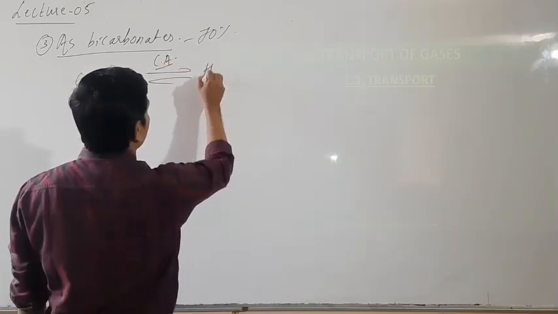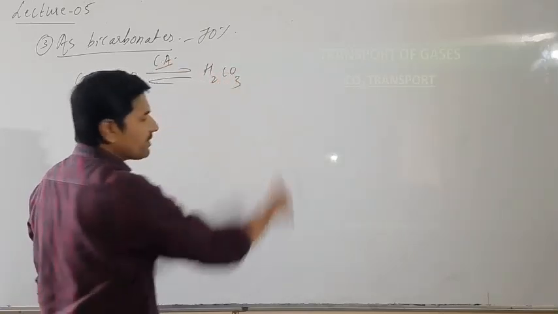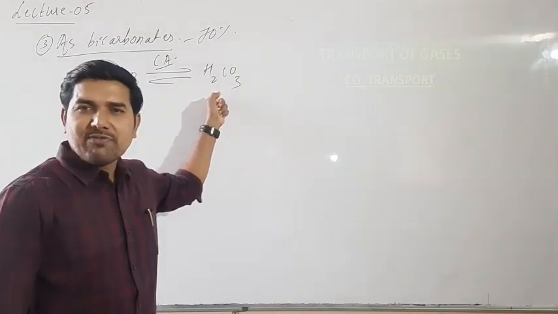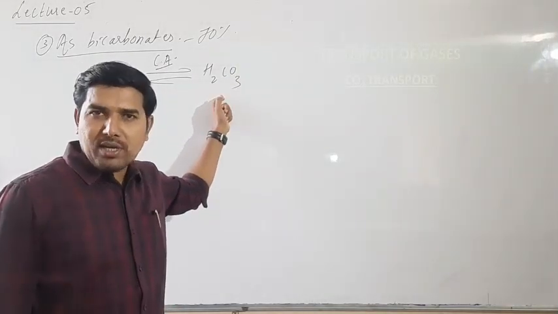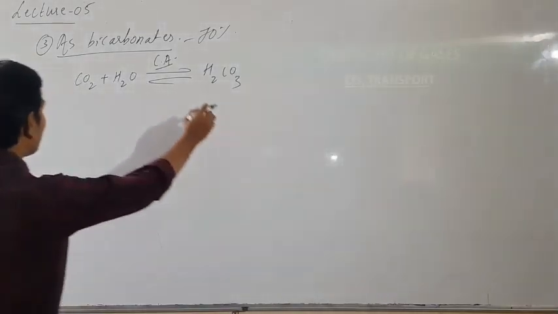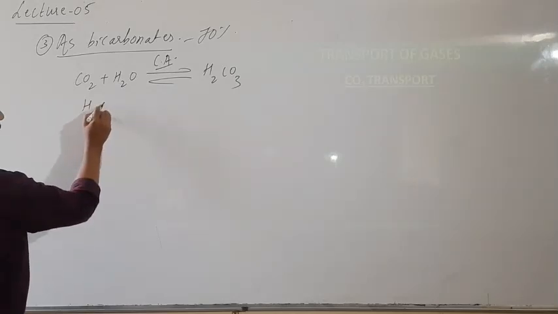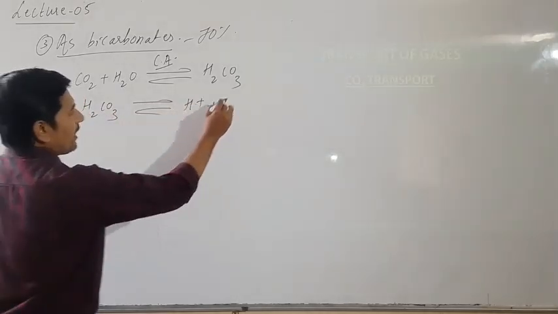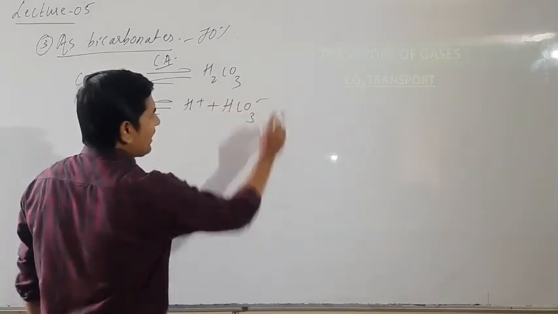Then it forms H2CO3, which is called carbonic acid. This carbonic acid, which is formed, is an unstable compound that readily dissociates into H plus and HCO3 minus ions.